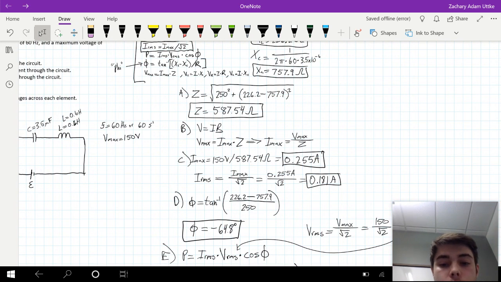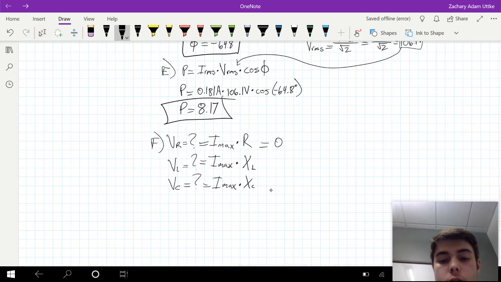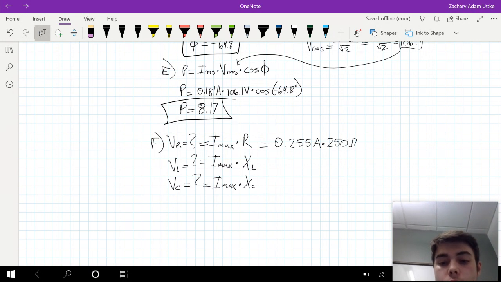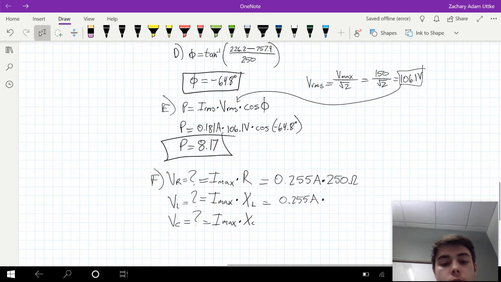For I max, we calculated it to be 0.255 amps. 0.255 amps times 250 ohms, 0.255 amps times the reactance from the inductor.